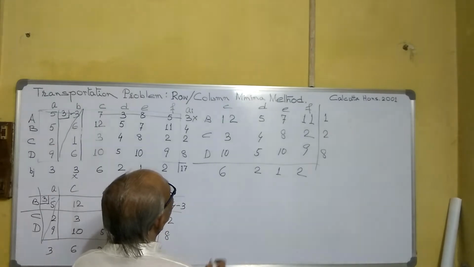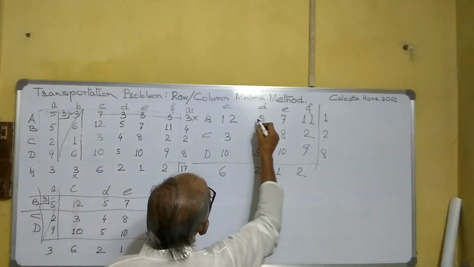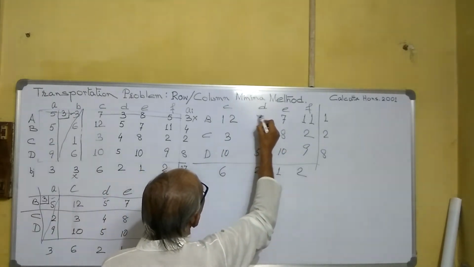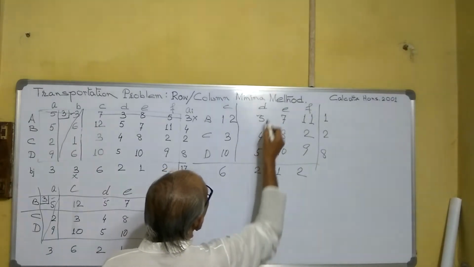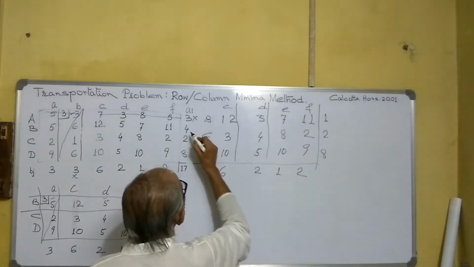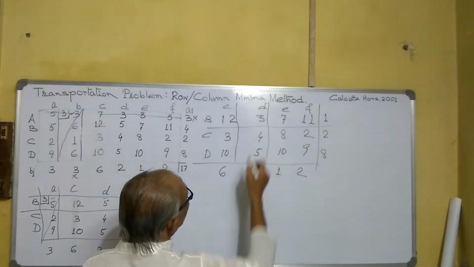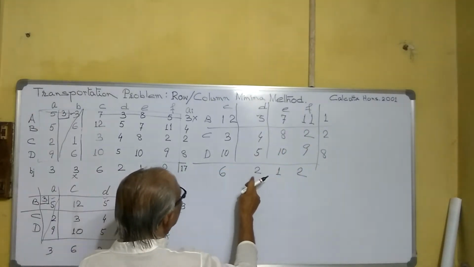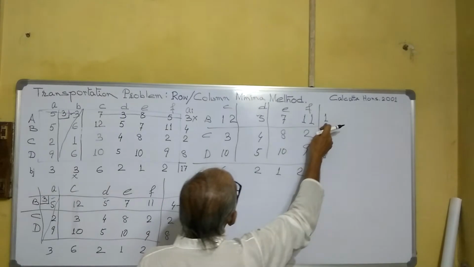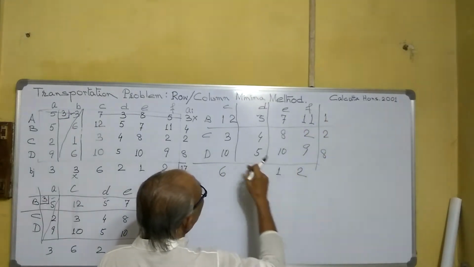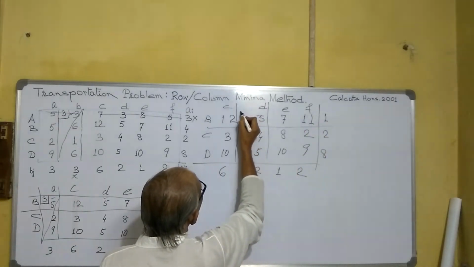Now again we can see here the least is this one. 5 is the least, so we can choose this one. This 5, here the requirement is 2. Available is 1, so we have to supply 1 only.